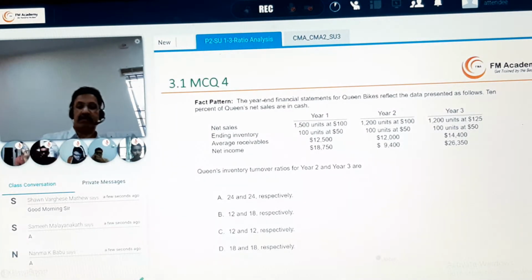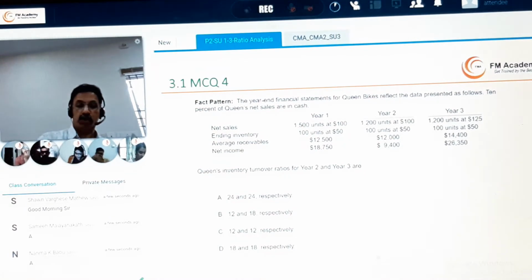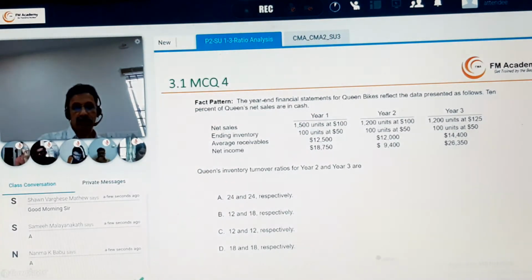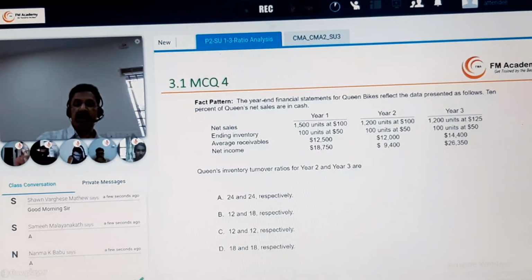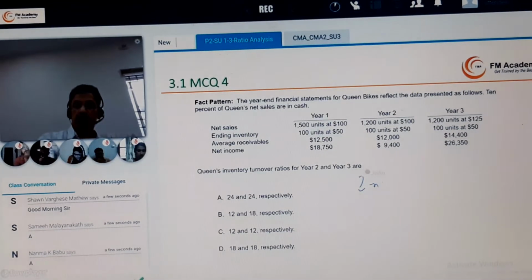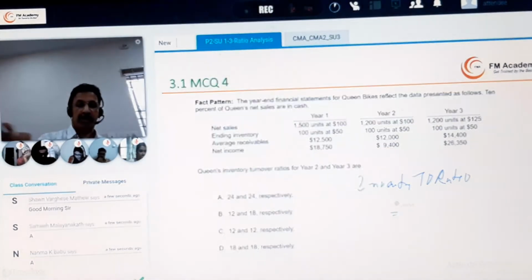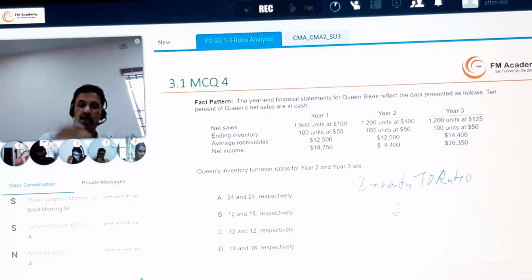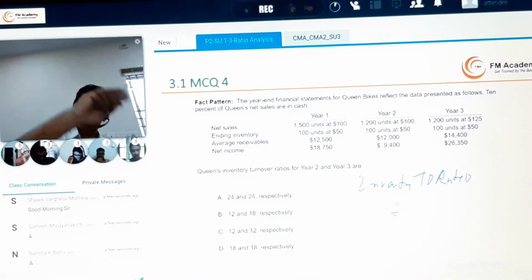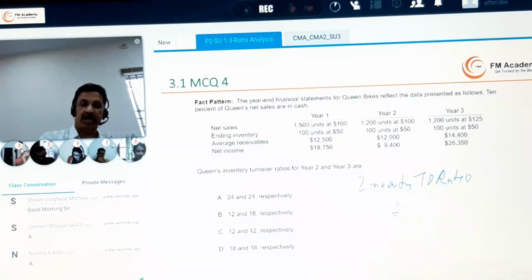Go through this fact pattern and what is inventory turnover ratio for year 2 and year 3. So inventory turnover ratio, any turnover ratio is turnover divided by that particular item which you're talking about. Fixed asset turnover ratio is turnover divided by fixed assets. Inventory turnover is turnover divided by inventory.